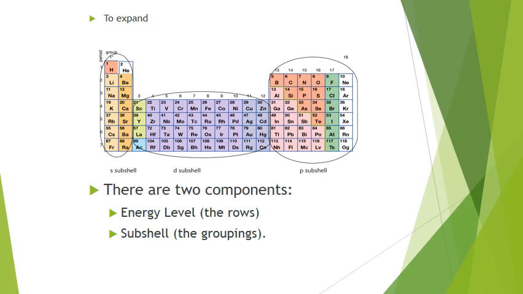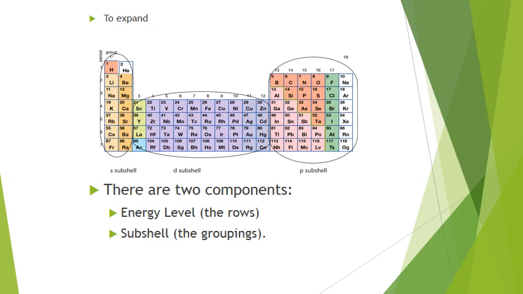A P subshell has 3 orbitals, and each orbital can have 2. So 3 times 2 is 6. So that's why there's 6 here. Okay, this middle section represents the D subshells. Remember, the D's have 5 orbitals, and you can put 2 in each one, so there must be 10.